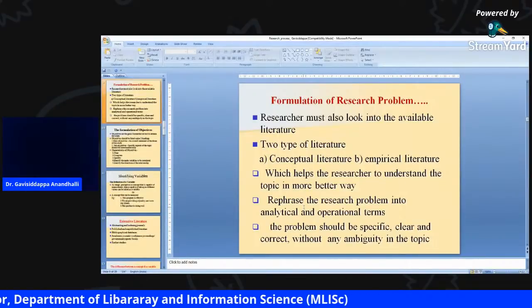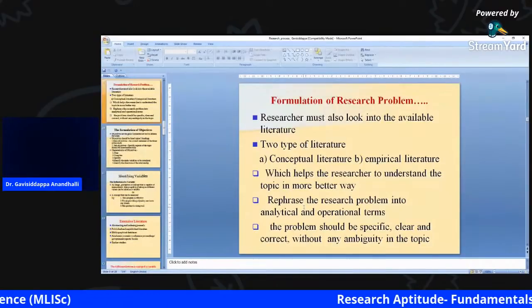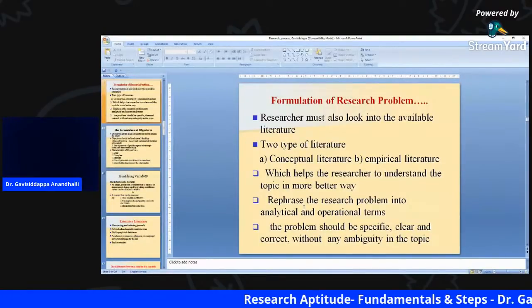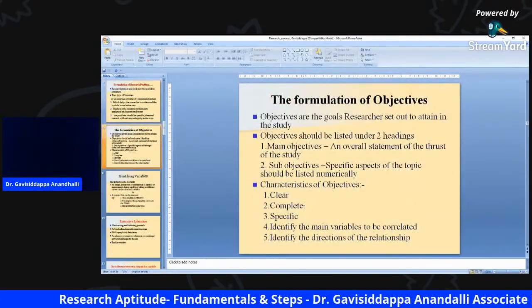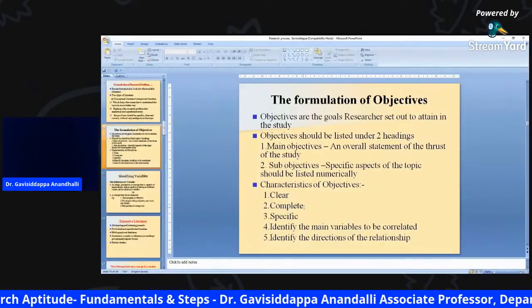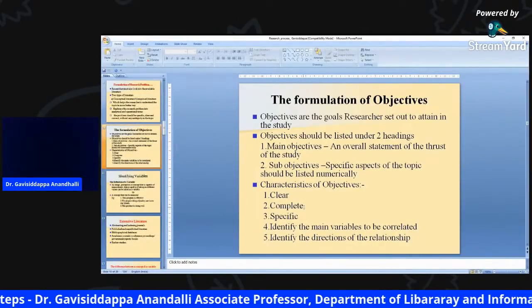So that is how much importance, how much attention should be given to the selection of the research topic. Now, the formulation of objectives is a very important step in research.